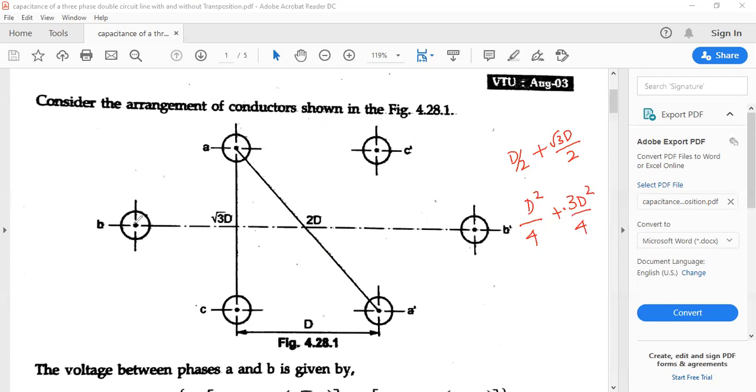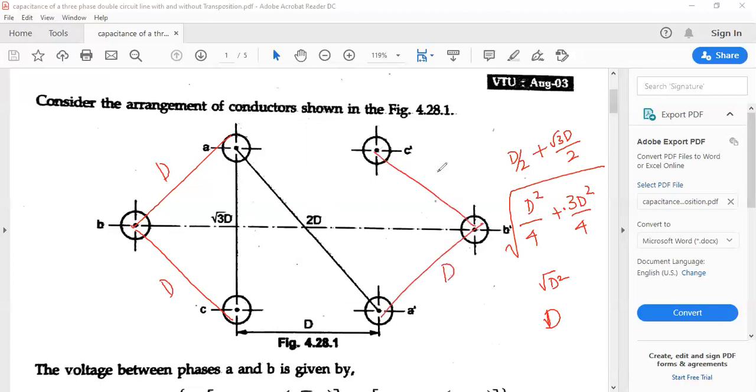At the end, under the root, you get 4D squared divided by 4, so it is root D squared, which is D. So generally you will get AB as D, BC as D, A dash B dash as D, and C dash B dash as D. So this one is also D, and this one is root 3 into D, and again this is D. So this forms a regular hexagon.